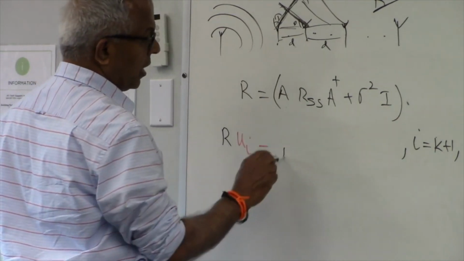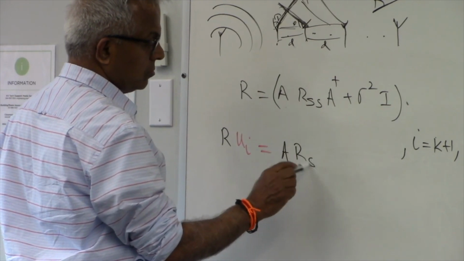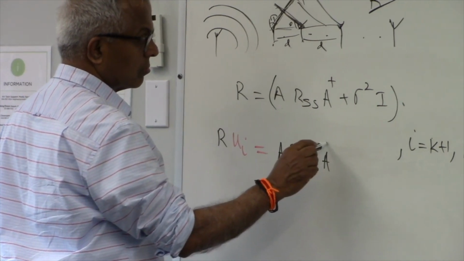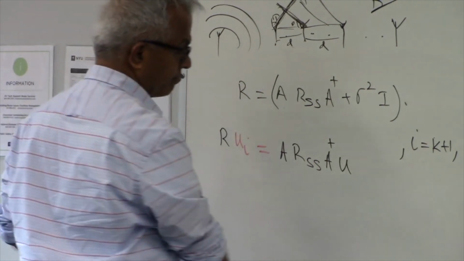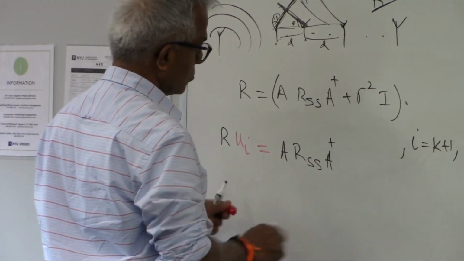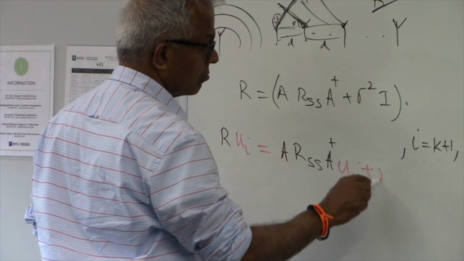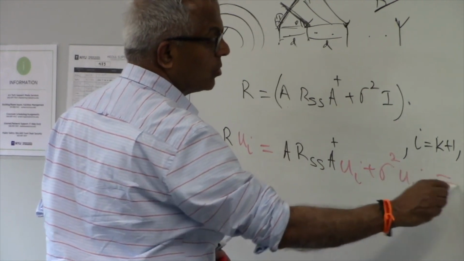So this will be A R_SS A transpose ui plus sigma squared ui, equal to what? Anybody? What is the definition of R ui?